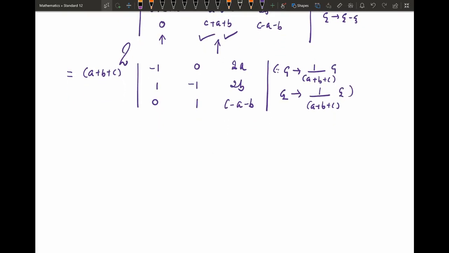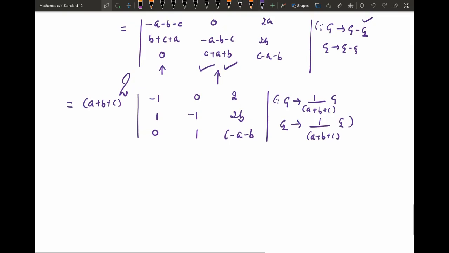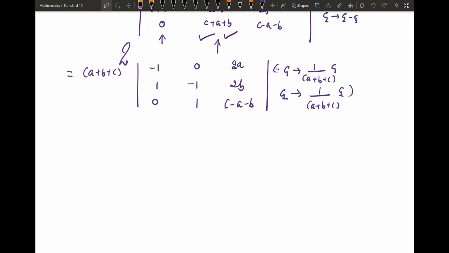So now we can expand, or you can make it simple. This is 2A. You can get one more entry as 0.